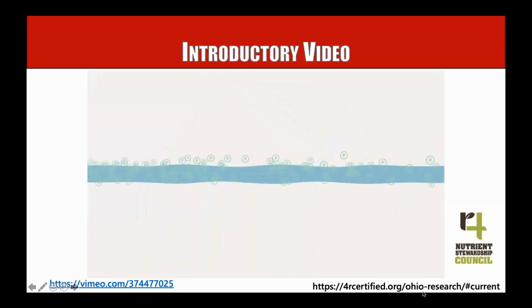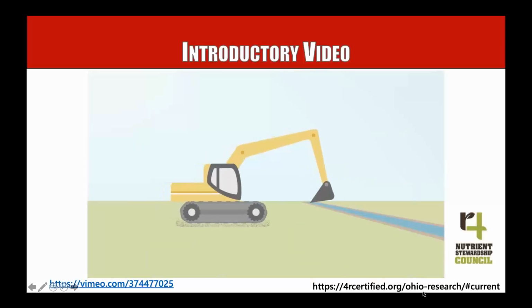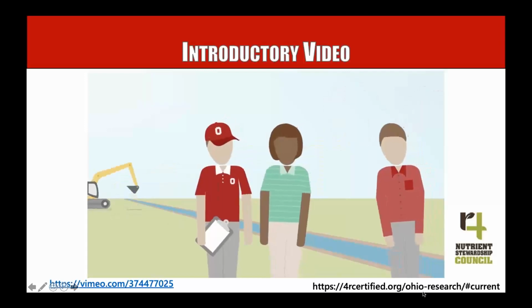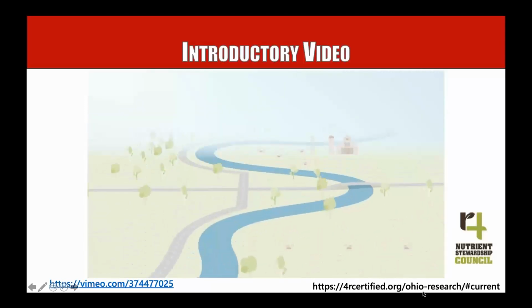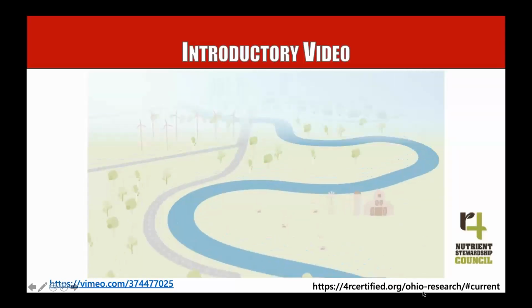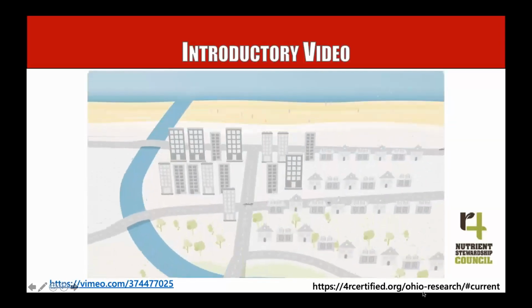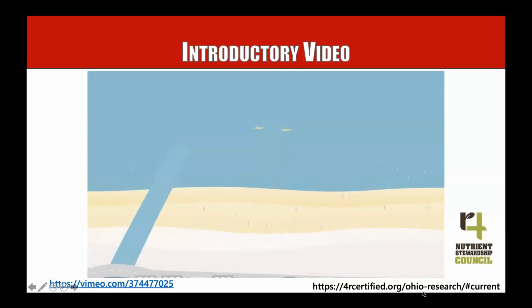So the goal is to slow water exiting the fields with practices like phosphorus filter beds and wetlands that hold water and treat phosphorus before it goes downstream. But these practices can be expensive to install. So the partnership helps the farmer install the practices and will monitor the effectiveness at keeping phosphorus out of the water. Our Great Lakes give us water to drink, places in which to play, and countless economic opportunities. This project is focused on keeping our waters clean and our farms productive, now and into the future.